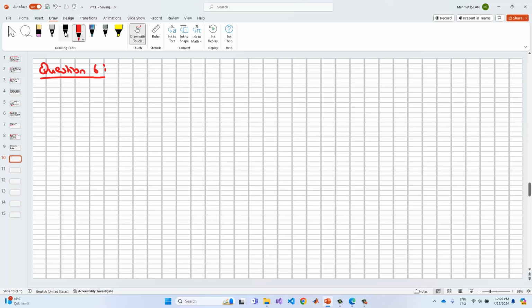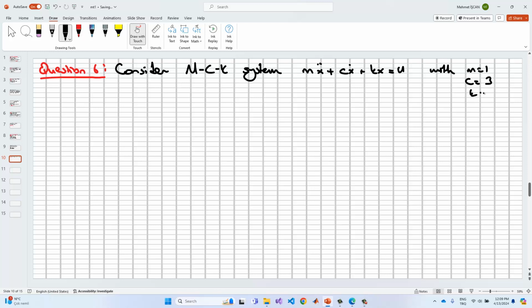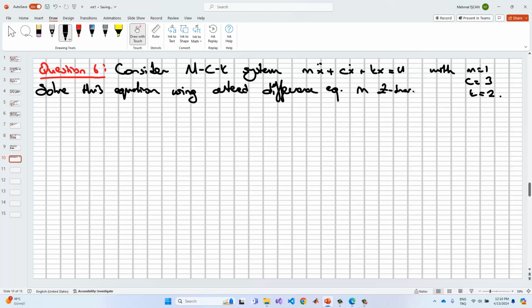Okay, consider the MCK mass spring damper system with the form of M x dot dot plus C x dot plus K x is equal to U, with the parameters of M equals 1, C equals 3, K equals 2, and solve this equation using centered difference equation in Z transform.